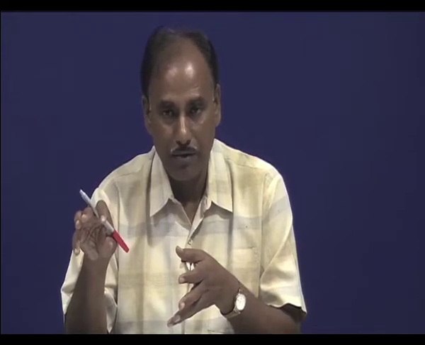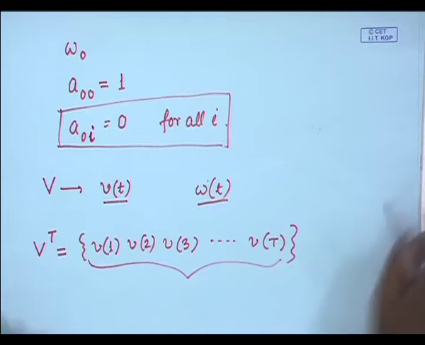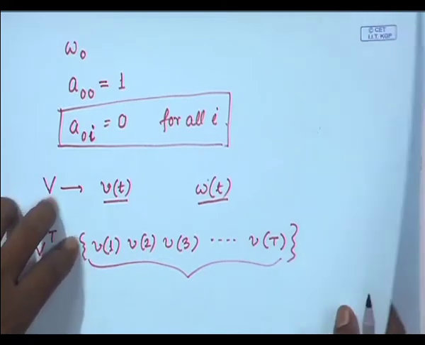So, as we have two different sets of states, one is the set of hidden states given by omega t, and another is the set of visible states or visible symbols given by V t. And we have said that we have a transition probability a i j, that is the probability of transition from state omega i at time step t to state omega j at time step t plus 1.